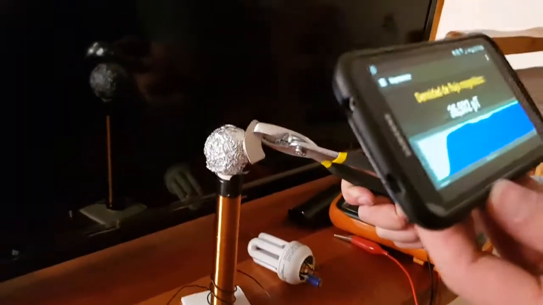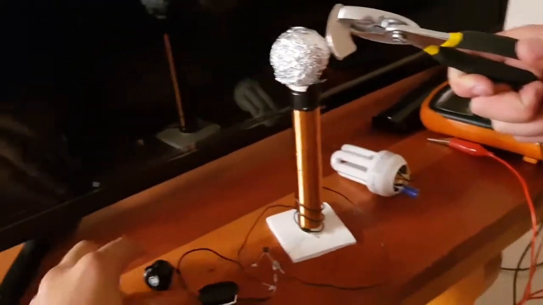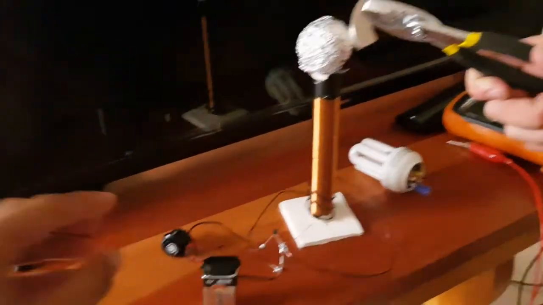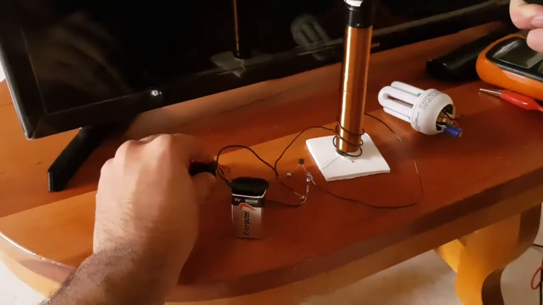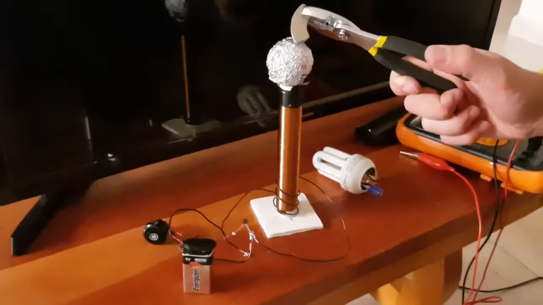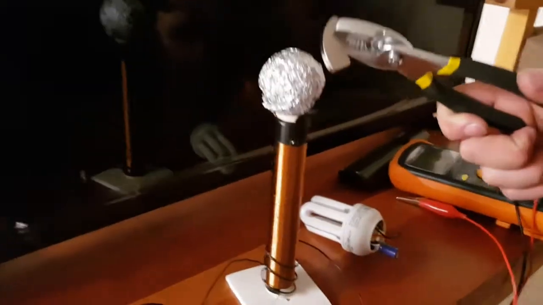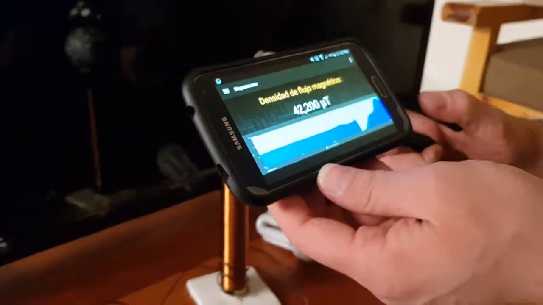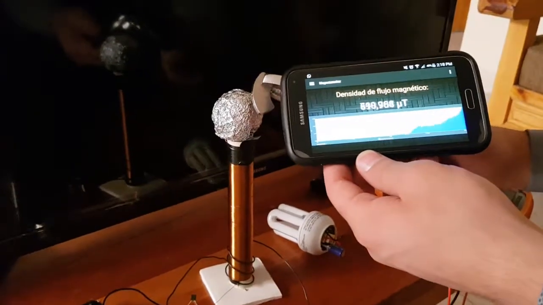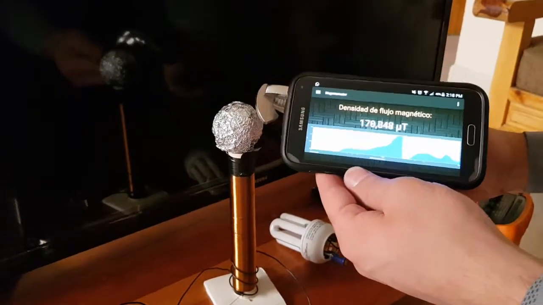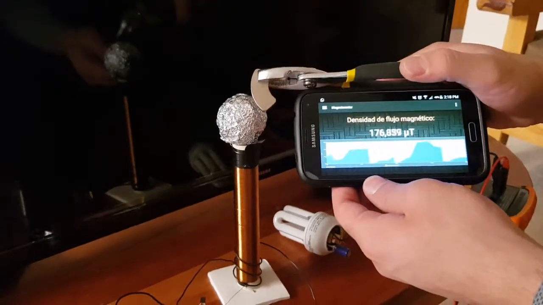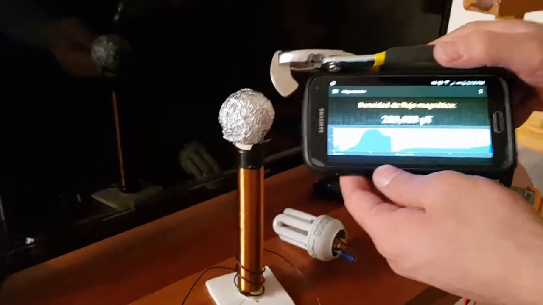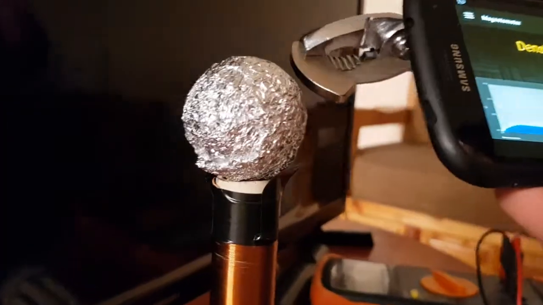Hay que prenderlo. ¿Viste el pico que hizo? Sí.